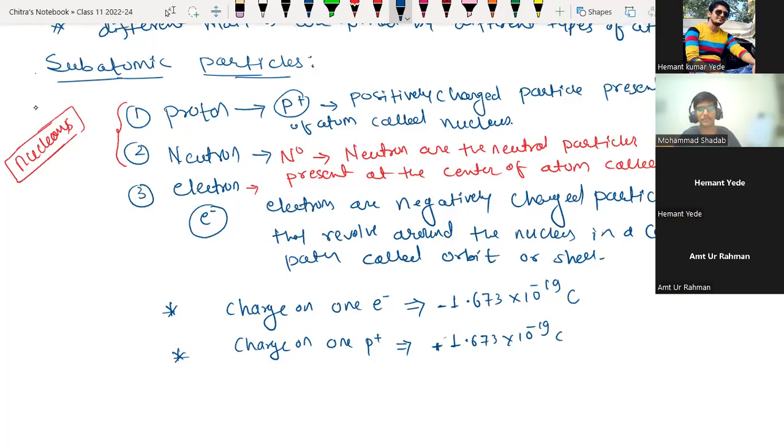So in every atom, the number of protons and electrons are equal. They are always present in equal number. Hence atoms are electrically neutral.